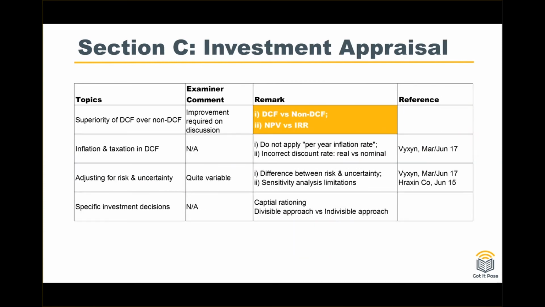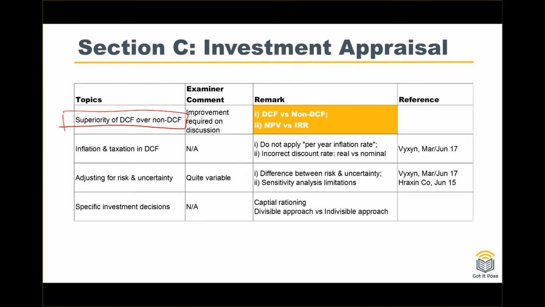For section C, the last topic is about investment appraisal. Here, the most important part is about the superiority of the discounted cash flow approach over the non-DCF approach. It's one very important part. It's about the discussion, not calculation.